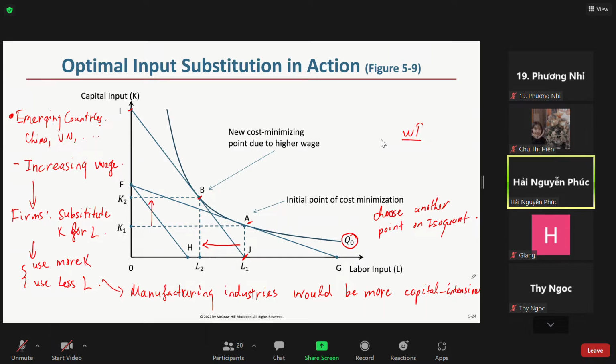The trend is to use more equipment and more machinery in production, because of the trend of increasing wages. Now let's move on.